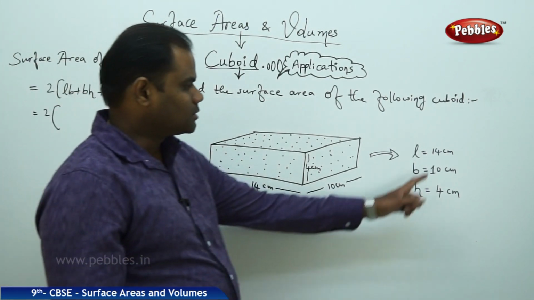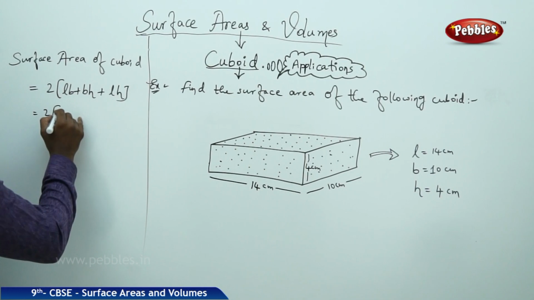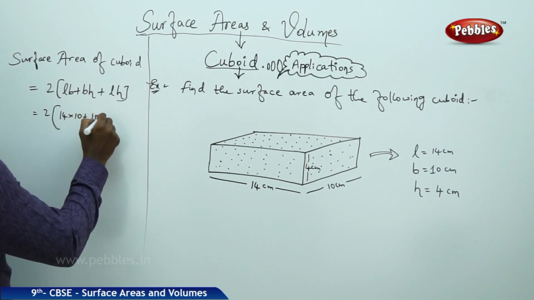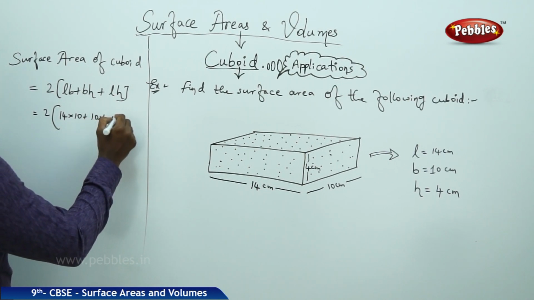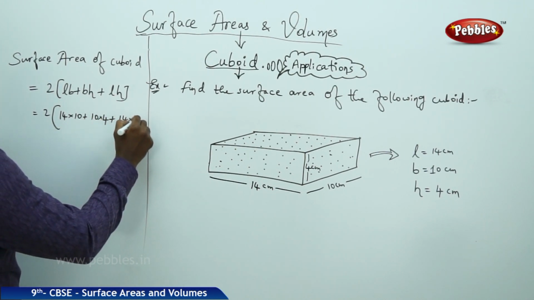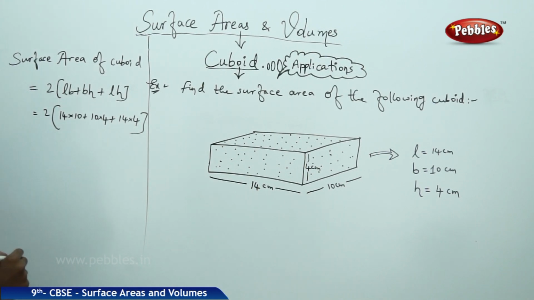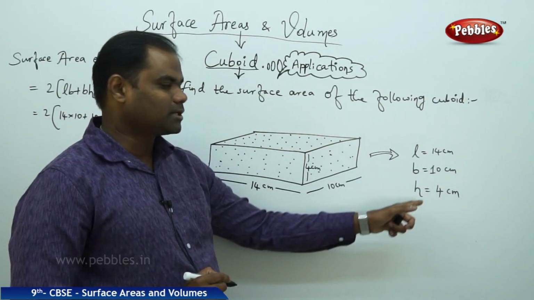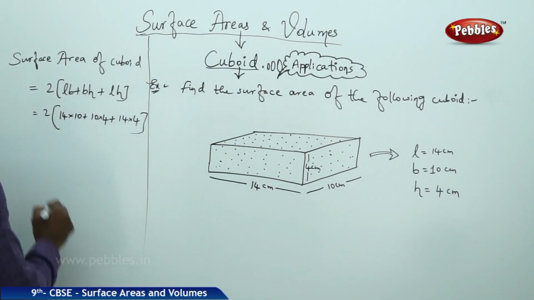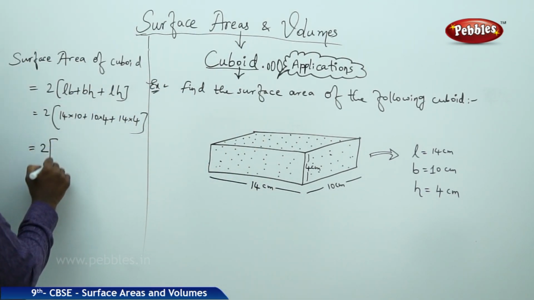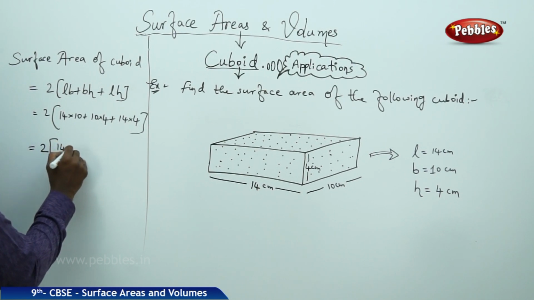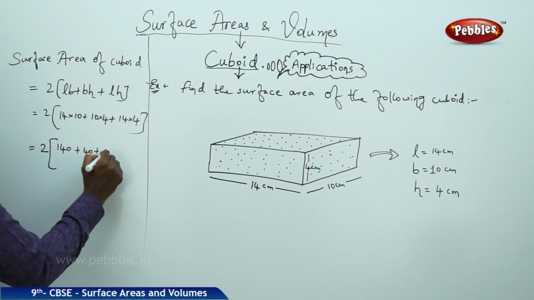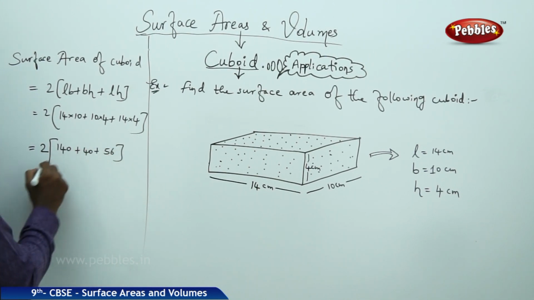So LB is 14 times 10, plus BH plus LH is what we get when we substitute L equals 14, B equals 10, and H equals 4, which on simplification gives 140 plus 40 plus 56.